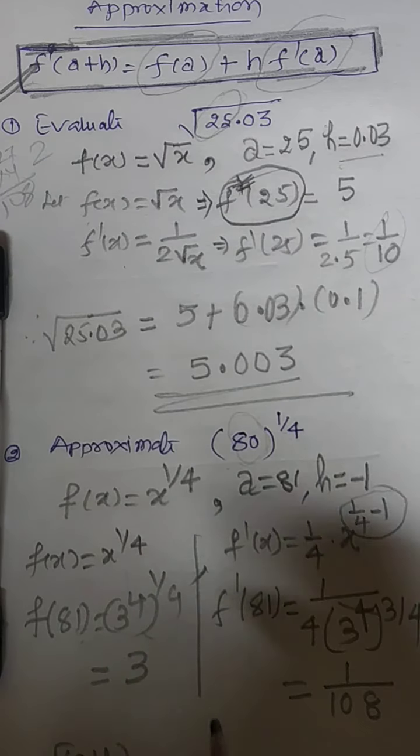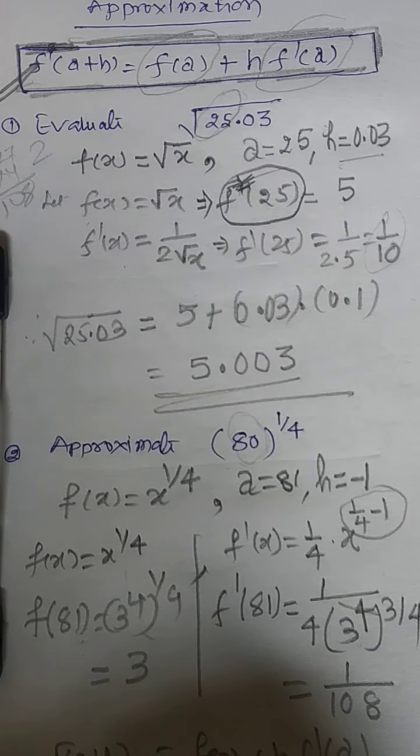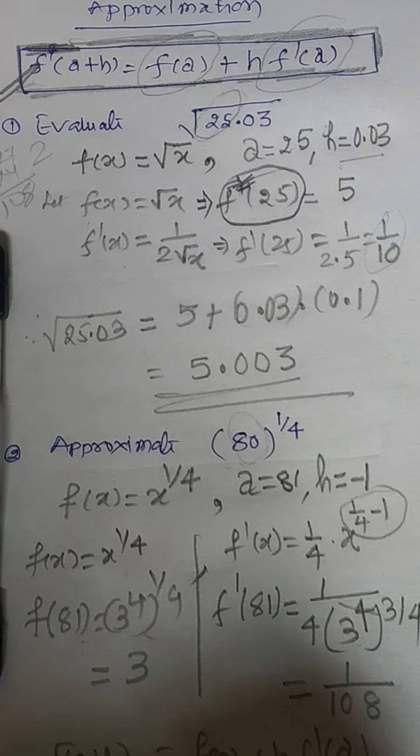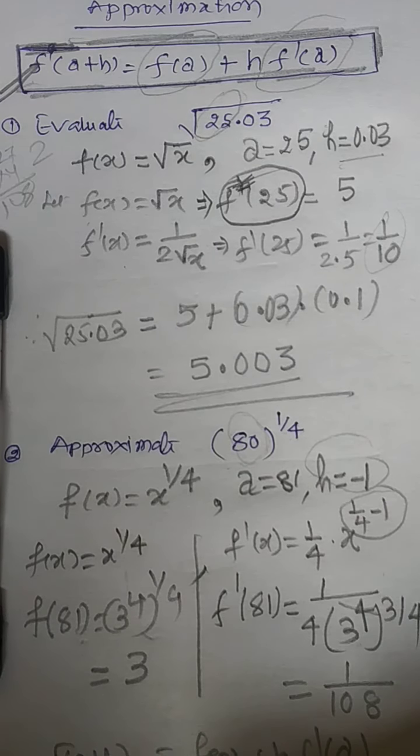Now next step, writing that formula. Make a habit of writing the formula. I am writing for you. It is f of a plus h into f dash of a. Therefore, 81 raised to power 1 by 4 is nothing but f of a, which is 3, plus h value, here it is minus 1, so you write minus 1 over 108.